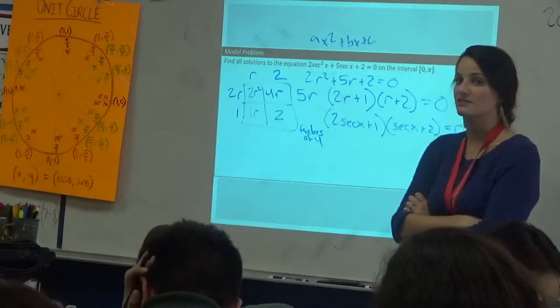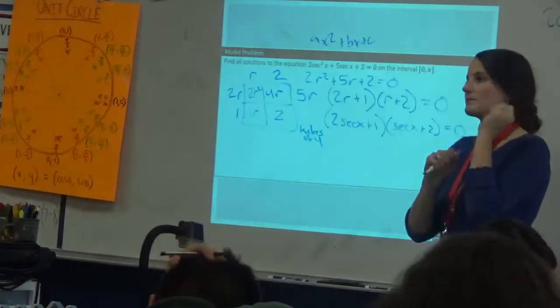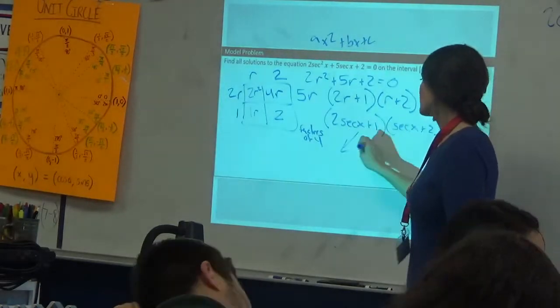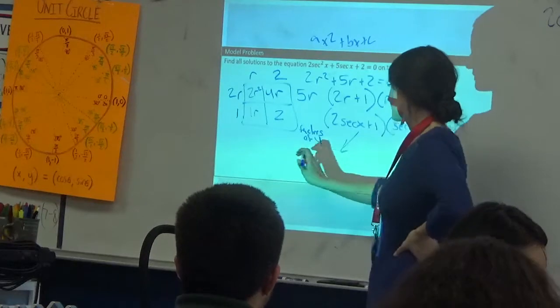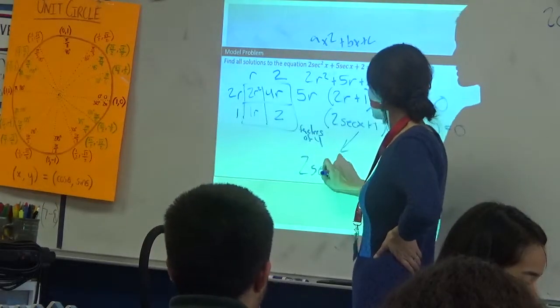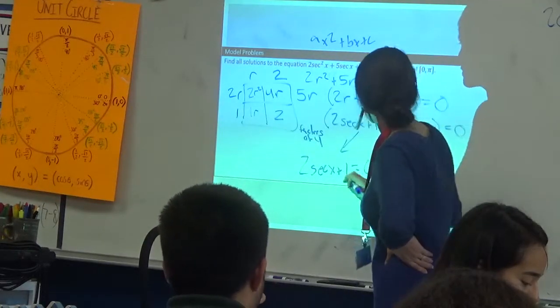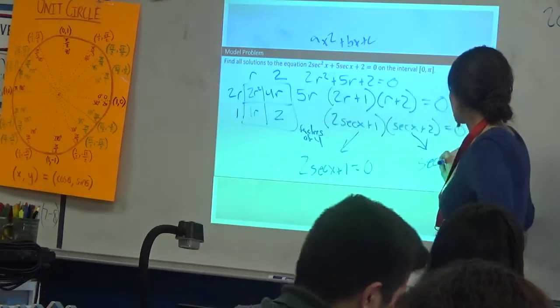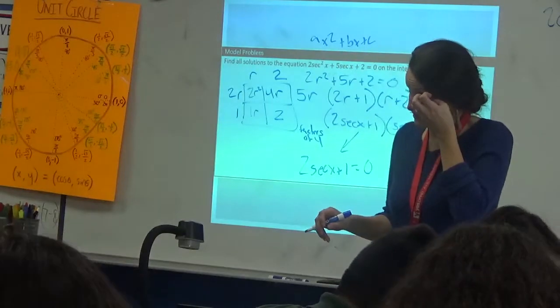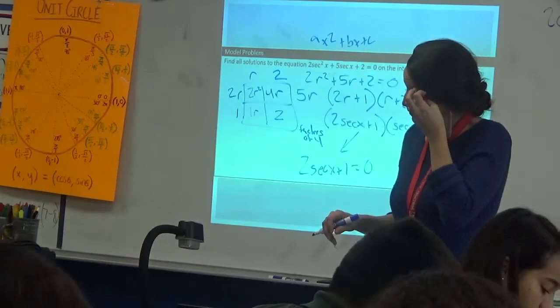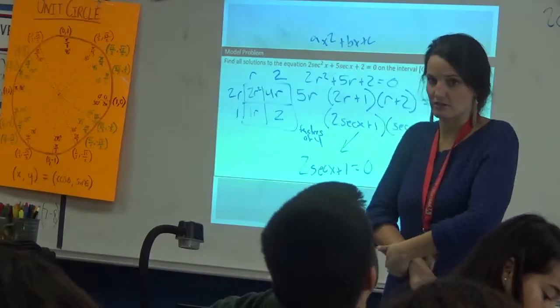The goal is to get this factored so that we have something times something equals 0, so that either this thing is 0 or this thing is 0. And now we can solve for our x's. So we got 2 secant x plus 1 is 0, or secant x plus 2 is 0. Because what we're trying to solve for is x, right? Our answer should be x equals something. And we're getting closer and closer to getting just x.